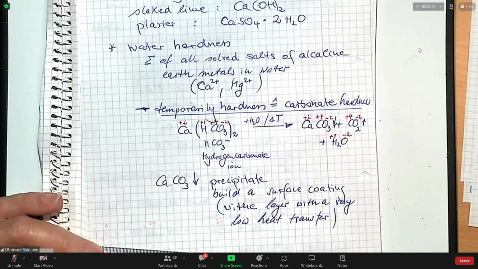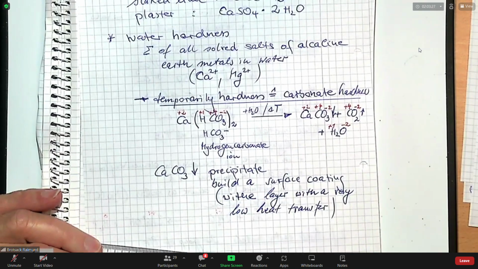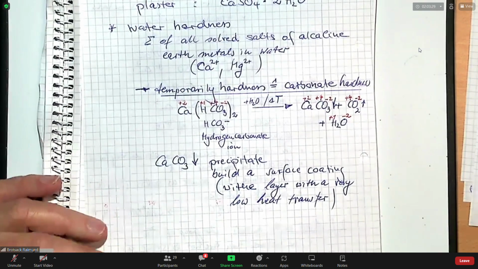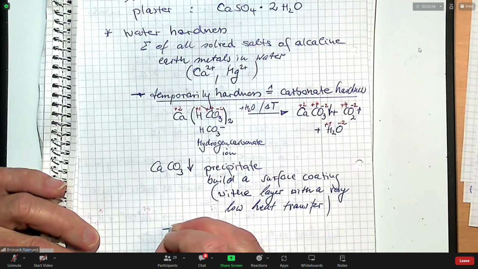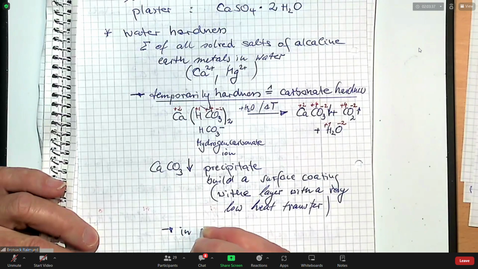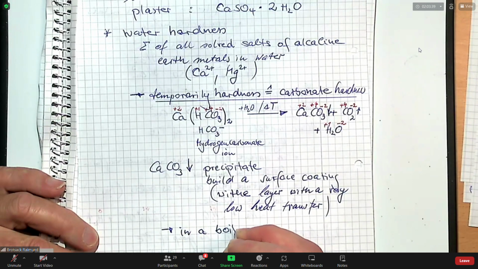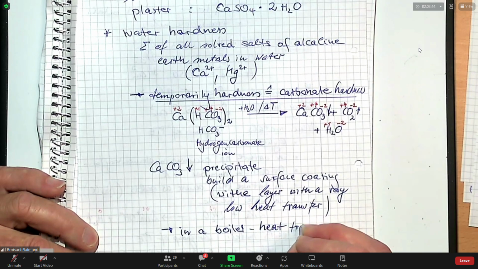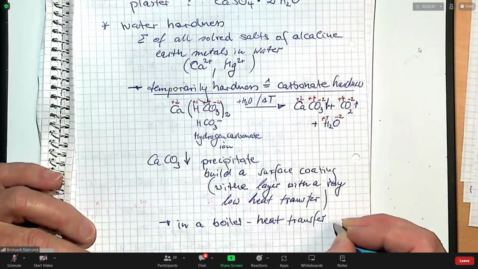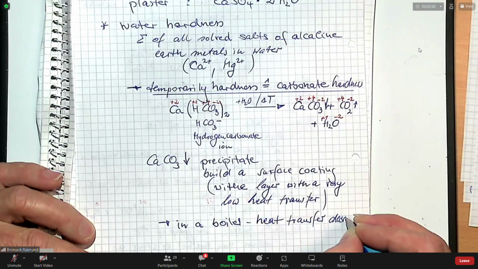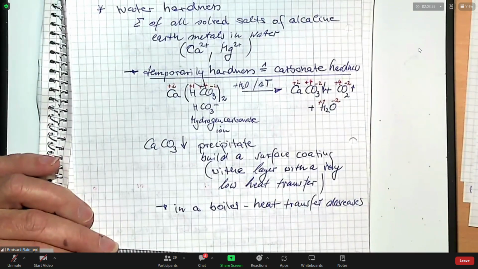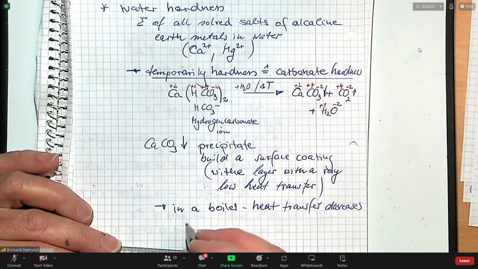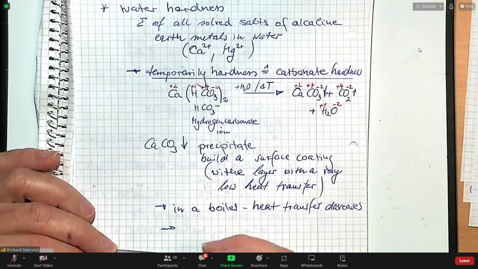And that's the problem. So in a boiler, heat transfer decreases. And that means steam explosion can happen.